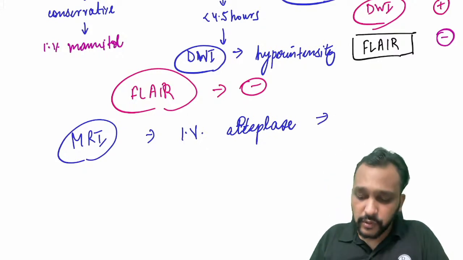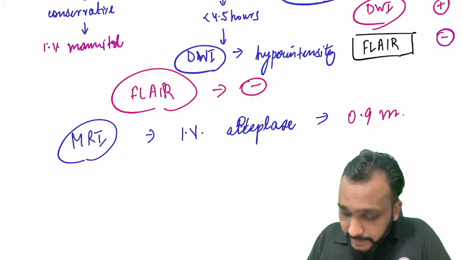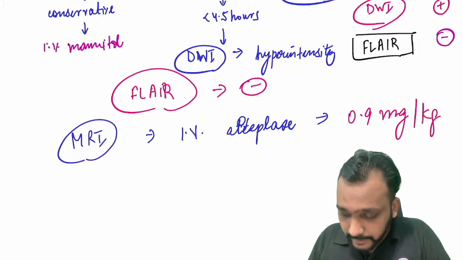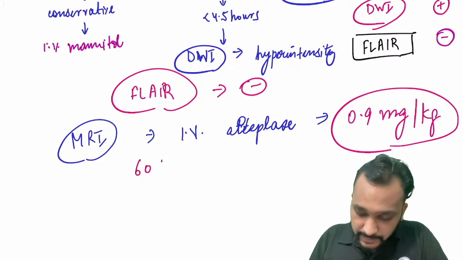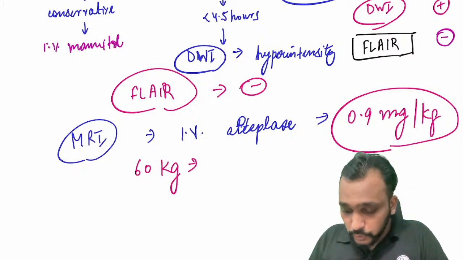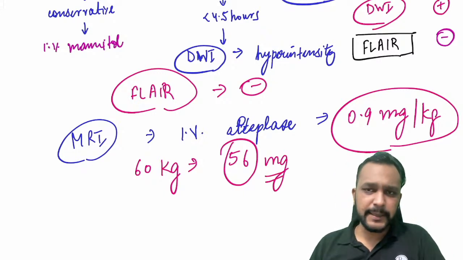And what is the dose of alteplase, guys? It is given 0.9 milligram per kg, right? For example, the weight of the patient is 60 kgs. So the total dose of alteplase that will be given to the patient will be 56 milligrams, approximately.